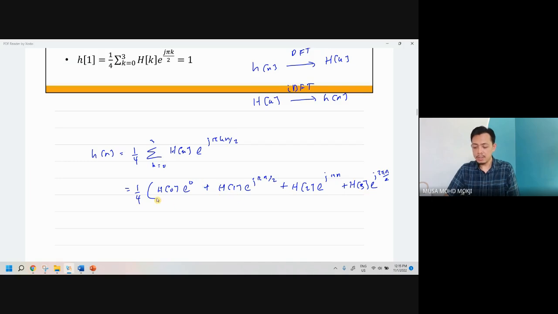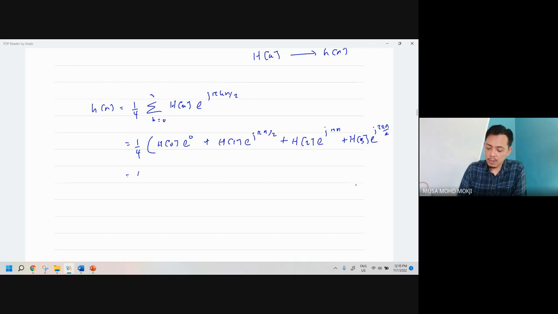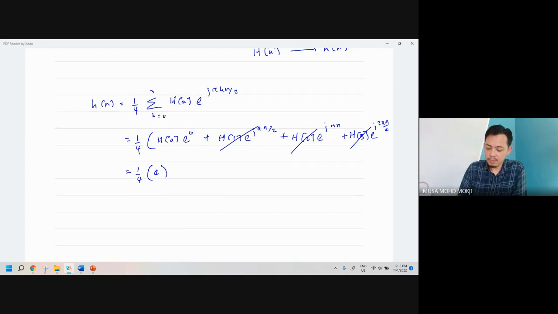And we already know that H0 is 4, H1 is 0, H2 is 0, H3 is 0. So basically this will be 0, 0, 0. So finally you will have only 1 over 4, and H0 is 4. Then e to the power of 0 is 1, which is 1.